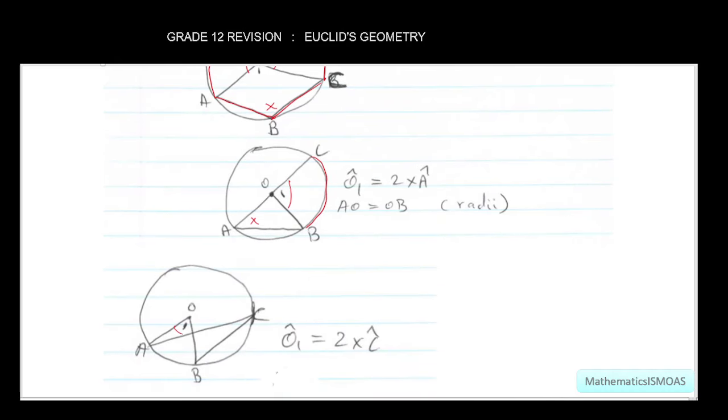Angle at the center being angle O1, angle at the circumference being angle C. We are saying angle O1 is twice angle C. Why? Because both angles are subtended by the same arc. You see, arc AB subtends O1 at the center of the circle, and arc AB subtends angle C at the circumference of the circle. Angle at the center is twice angle at the circumference.